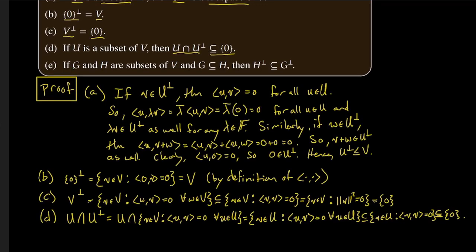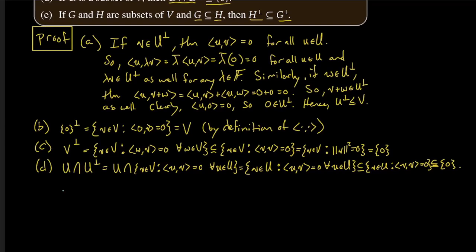So, if G and H are subsets of V, and G is contained in H, then H perp is contained in G perp. That is, the orthogonal complement of a superset is a subset. So it switches the order. This also may remind you of annihilators. So let's just write it out.